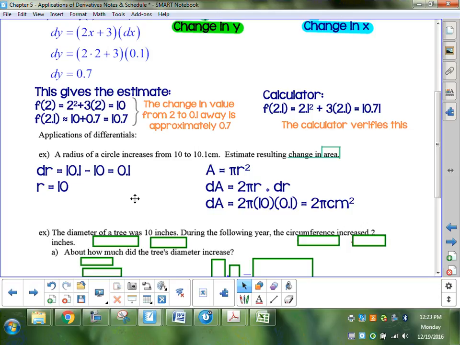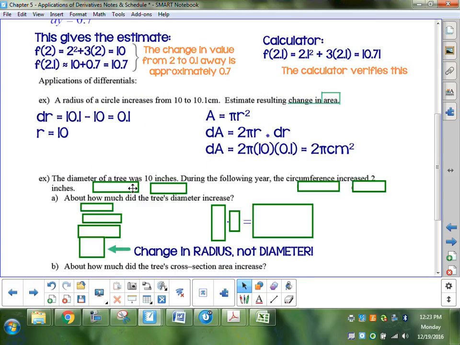We've got one more, and it says the diameter of a tree is 10 inches. During the following year, the circumference increased by 2 inches. So right away, I know my circumference formula, 2 pi r. What did the circumference change by? 2. Was it a positive 2 or a negative 2? So the change in the circumference is equal to 2, if you need to see it.